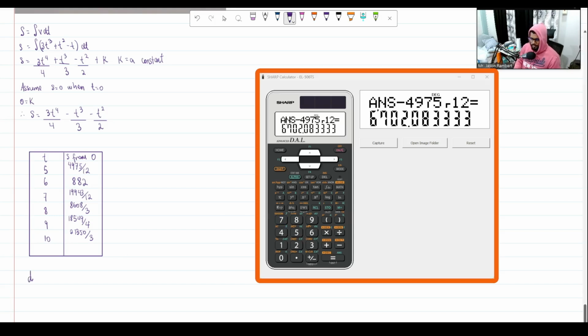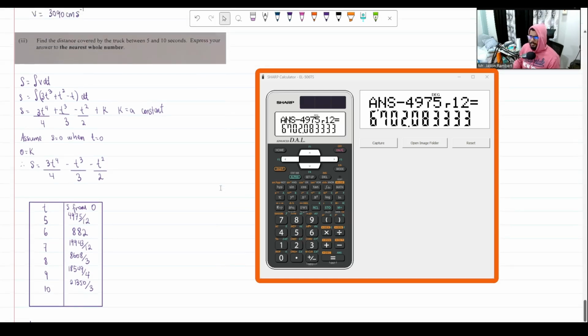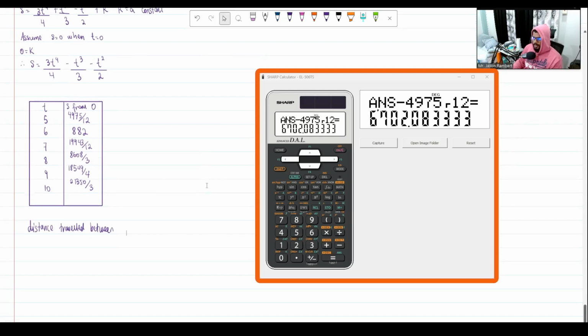So the distance covered by the truck between 5 and 10 seconds, including the 5 and the 10 seconds, will be equal to 6702 centimeters to the nearest whole number.